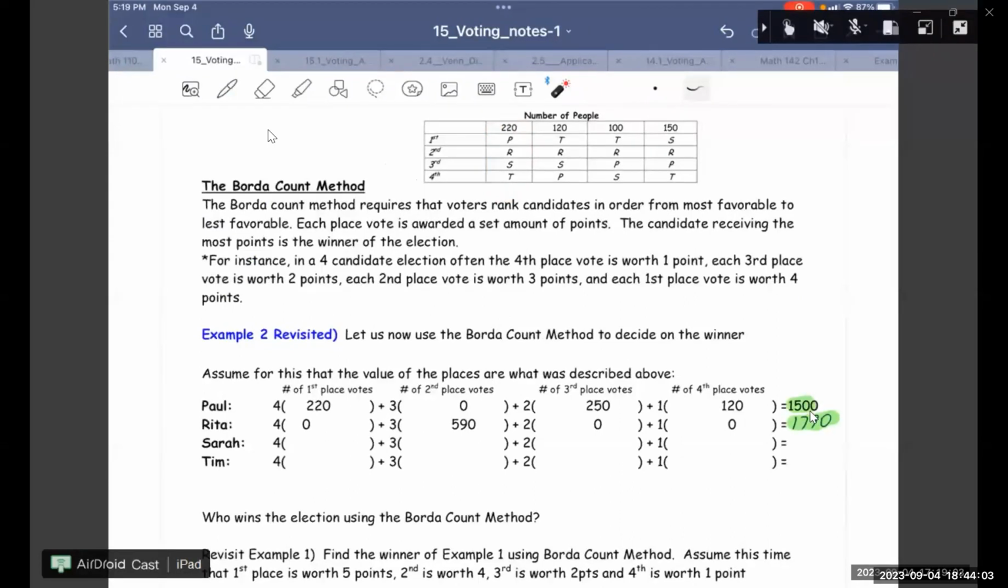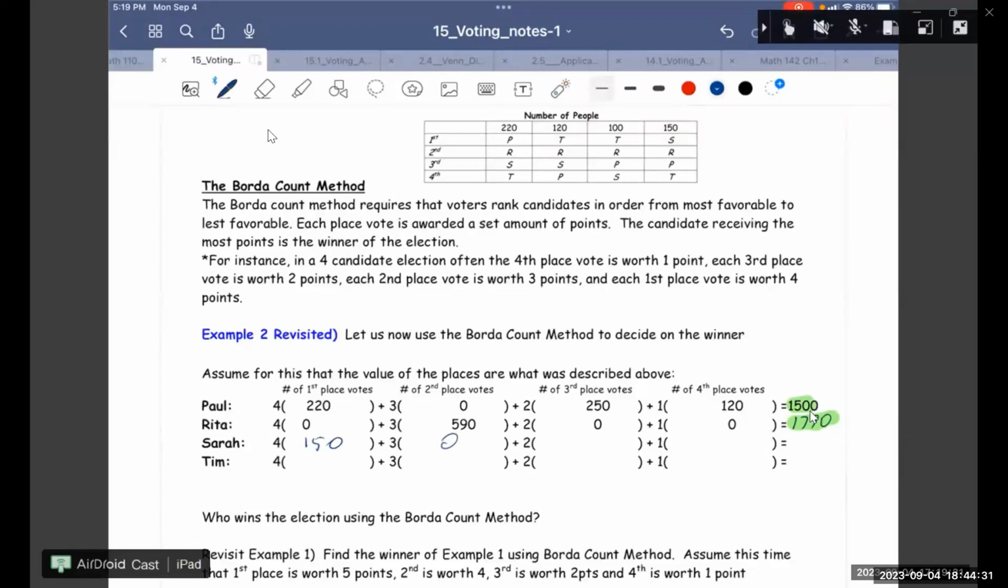Sarah was 150. We can see that. So that's one is 150. And for the third, so we see this 220, 120, 220, 120.